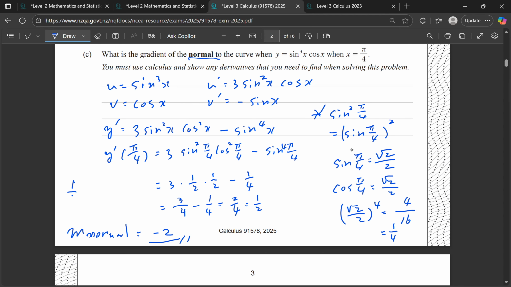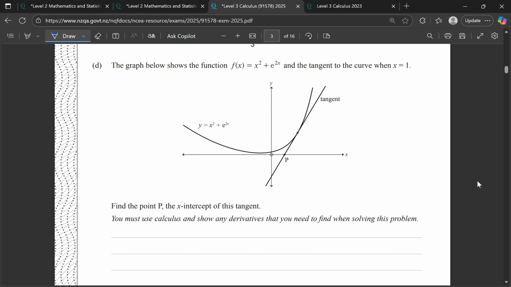Because half, which is the gradient of tangent, times the gradient of normal becomes negative 1. Yeah, so hence, I'll write the answer. Let's just say the answer is minus 2. All right, next.